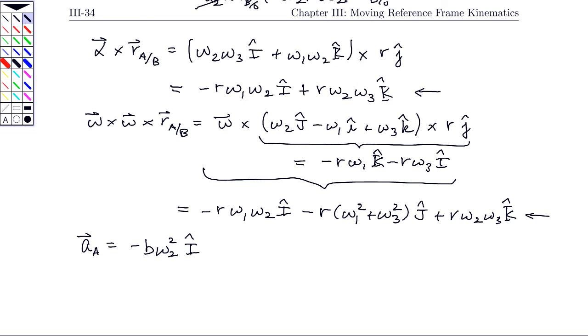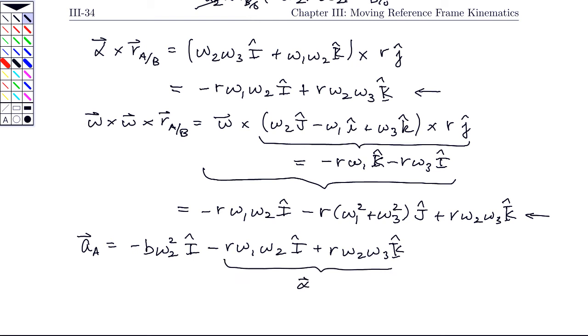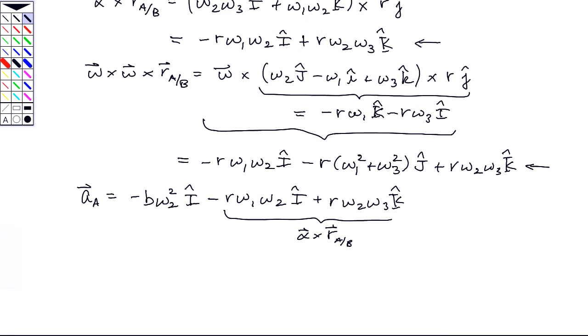So from the alpha cross r term, we have minus r omega 1 omega 2 in the i, plus r omega 2 omega 3 in the k. And again, this is the alpha cross r part. Then to that, we're going to add the omega cross r part.